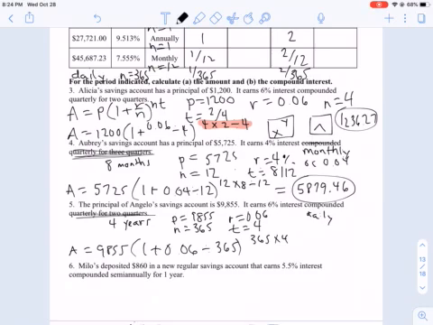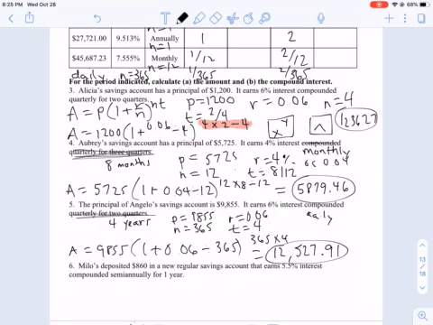All right, so we go 9,855 times 1 plus 0.06 divided by 365 raised to the 365 times 4. All right, answer $12,527.91. And there we go.